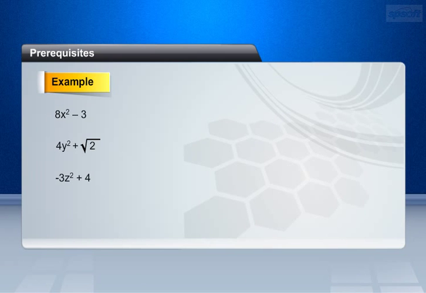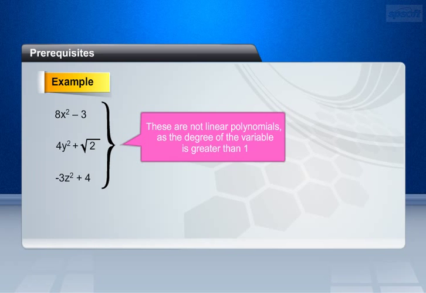Minus 3z squared plus 4. Here, the degree of the variable z is 2, so it is not a linear polynomial. These are not linear polynomials, as the degree of the variable is greater than 1 in all cases. Note, a linear polynomial in x is of the form ax plus b, where a, b are real numbers and a is not equal to 0.